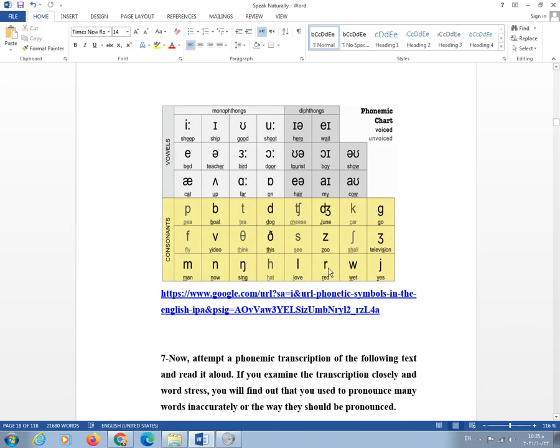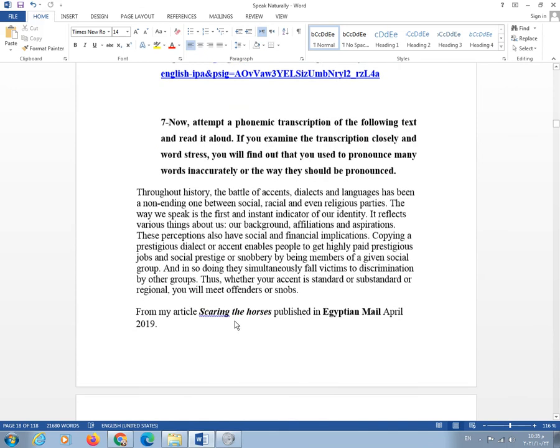Now I want you to attempt a phonemic transcription of the following text. Read it aloud first, and then examine the transcription closely. And with word stress, you will find out that you used to pronounce many words inaccurately.